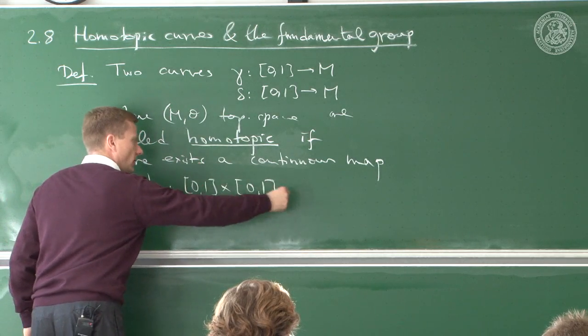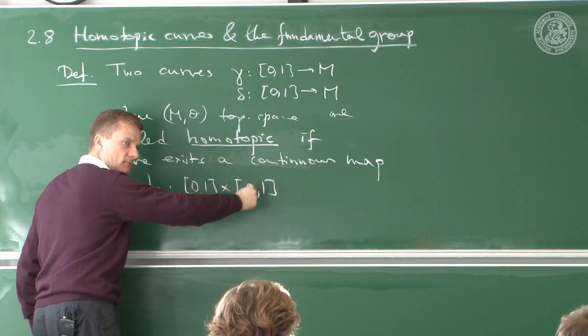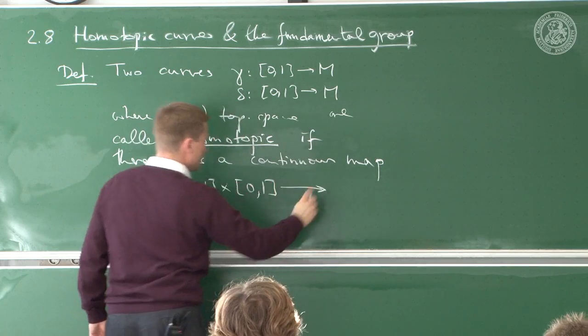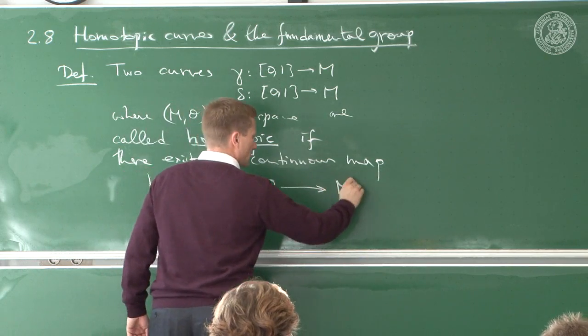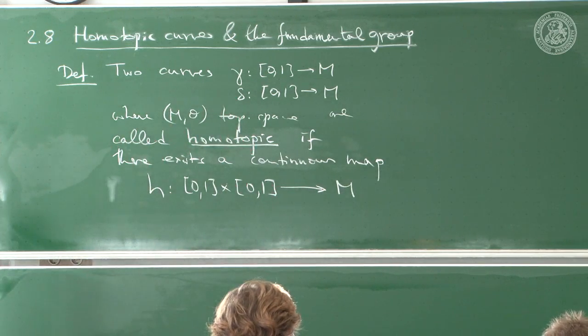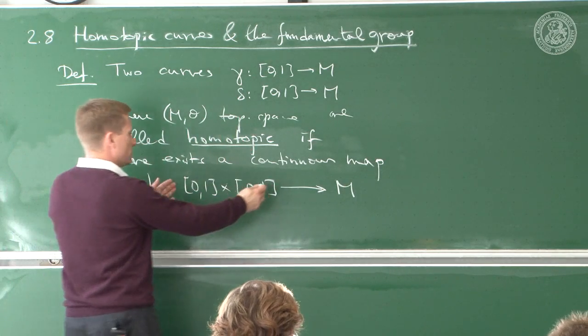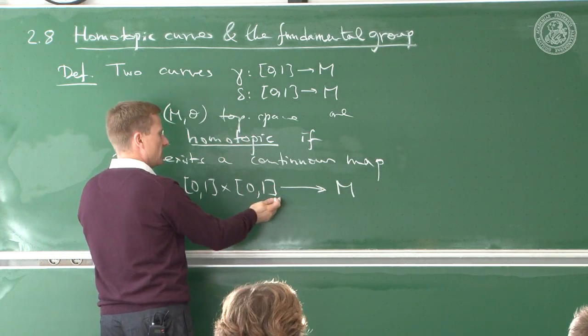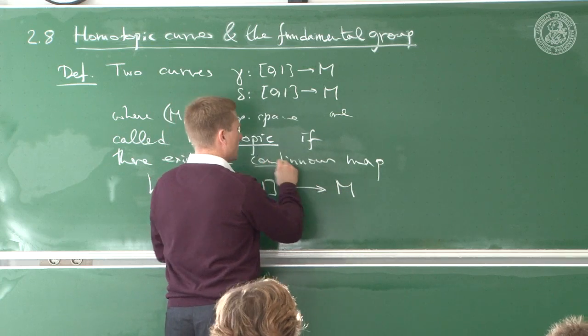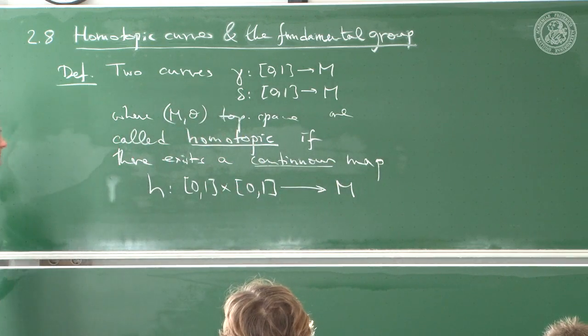So this is all a topological space into the topological space M, and only because we know the topology on this whole set, and we know the topology here, can we meaningfully talk about a continuous map.